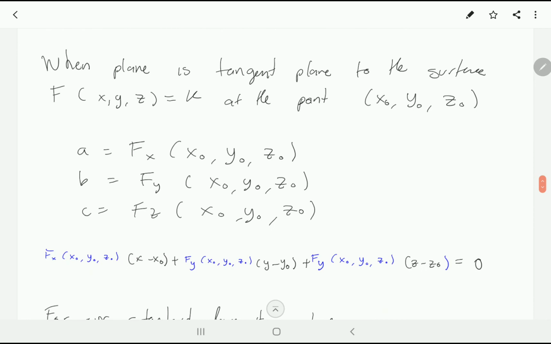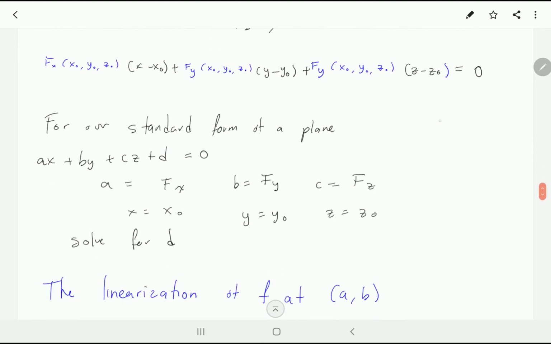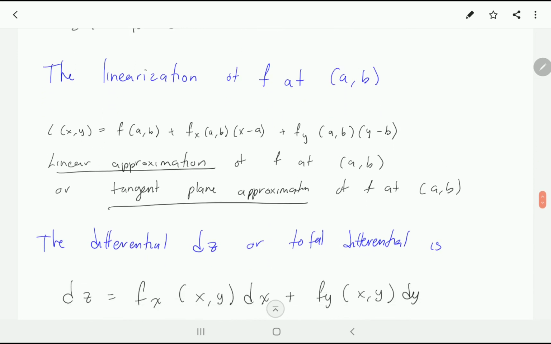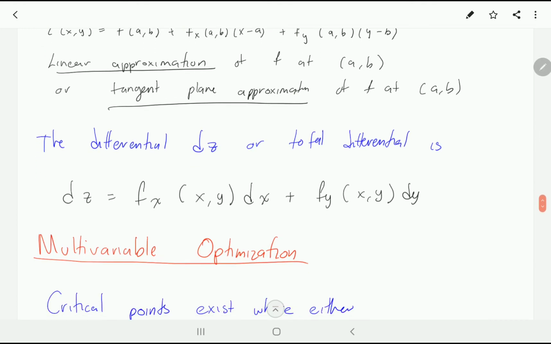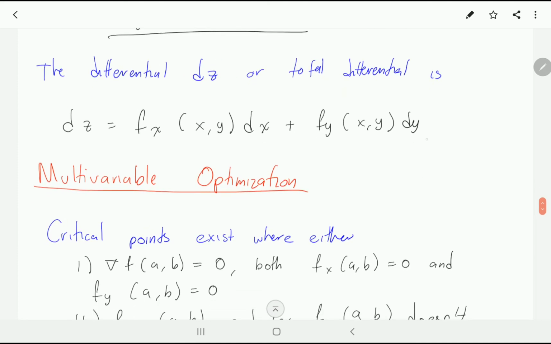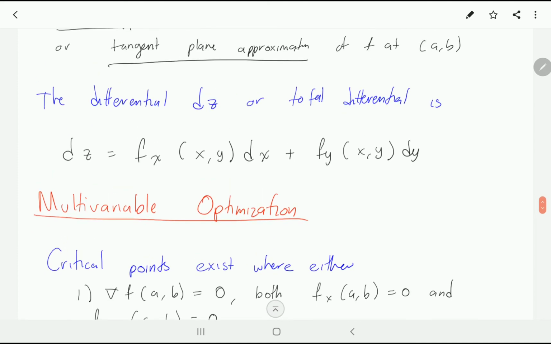Here's the equation that we saw a few minutes ago. And I've also included the linearization of f at a specific point, and the differential or total differential, and here's the equation.